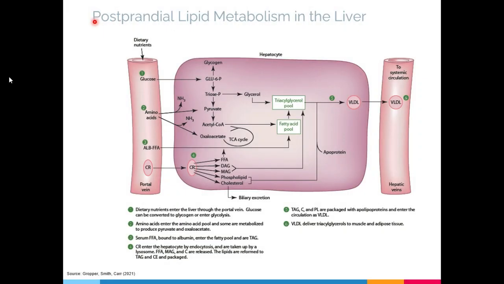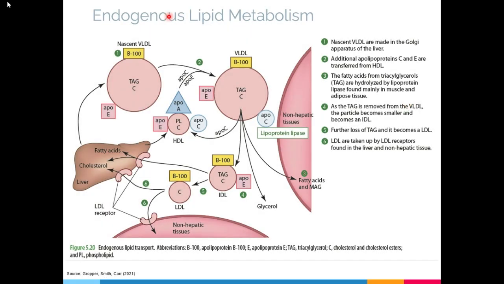Diet can influence the production of VLDL through this. The chylomicron remnants can be used as starting materials to produce VLDL, which is the start of the endogenous lipid transport.